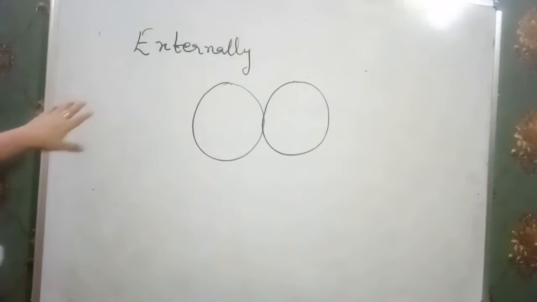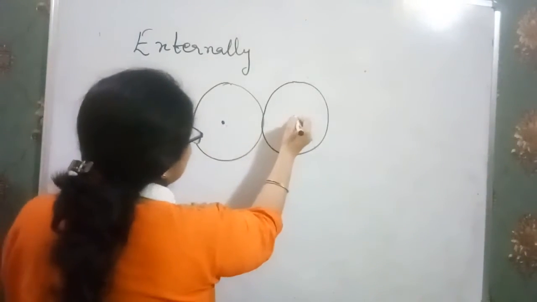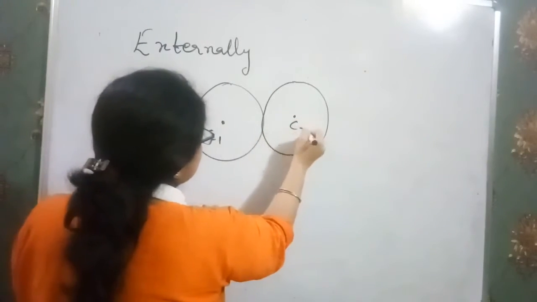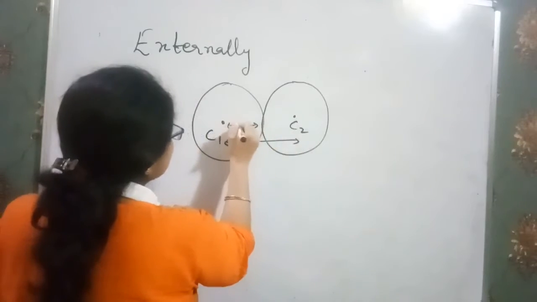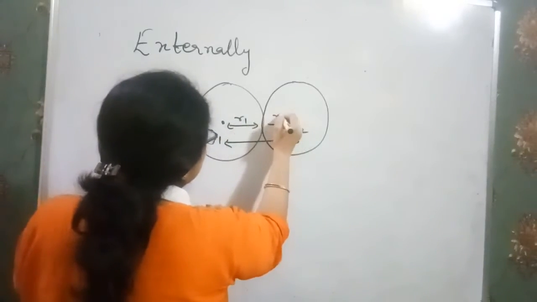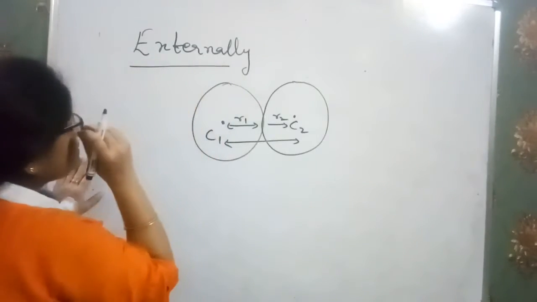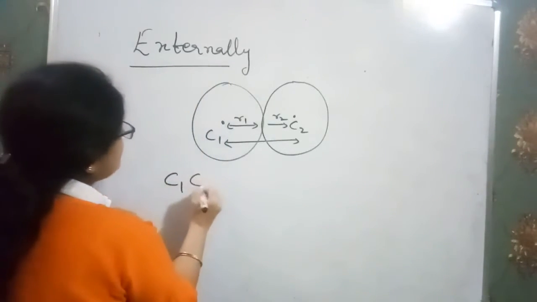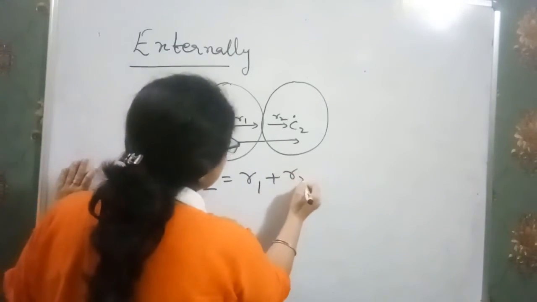So when two circles touch externally at one point, there are two centers C1 and C2. So the distance between the two centers, and this is the radius R1 and this is the radius R2. For this case, when the circles touch externally, the distance between C1 and C2 must be equal to R1 plus R2.